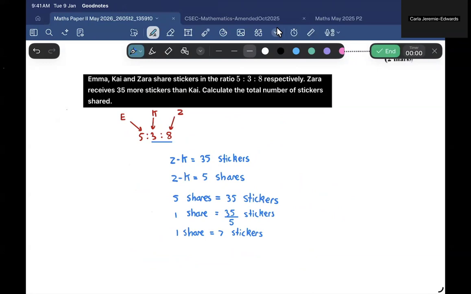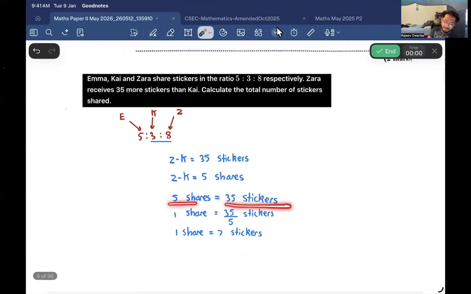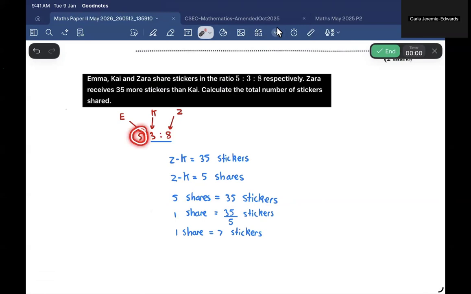You multiply 35 by the 5, the 3 and the 8 each. Take your time. So you're saying to multiply by 35, but that would be wrong because 35 is actually 5 shares, not 1 share. Remember, Carla, 5 shares over here.